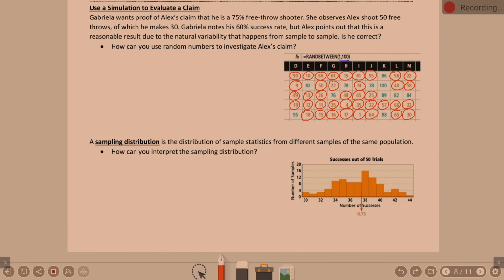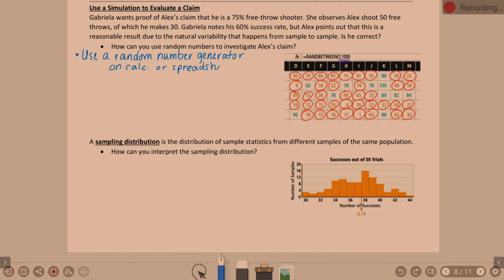So what I want to do here is write some information about what was going on in this problem. First of all, this is using a random number generator. When we talk about a random number generator, that is on a calculator or a spreadsheet like Excel.